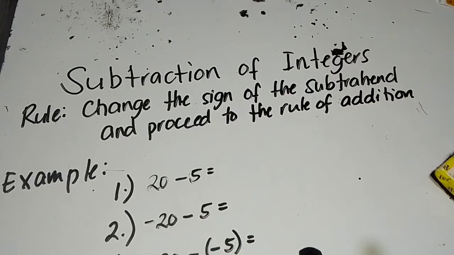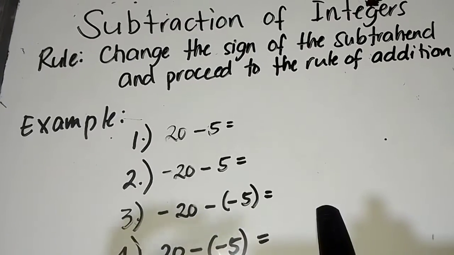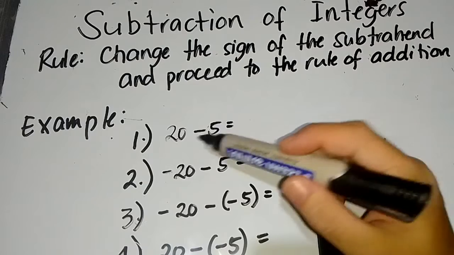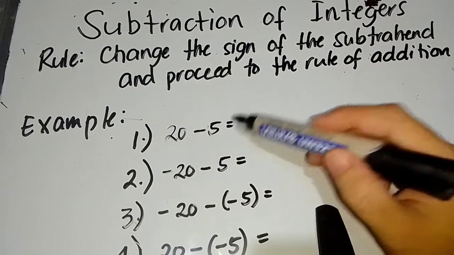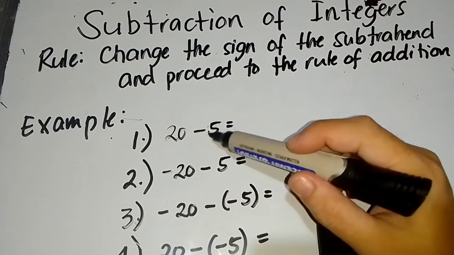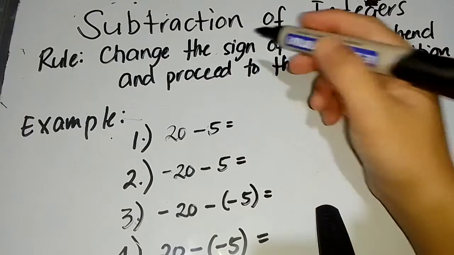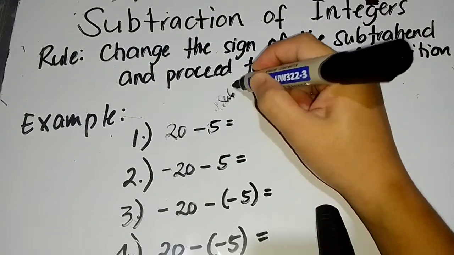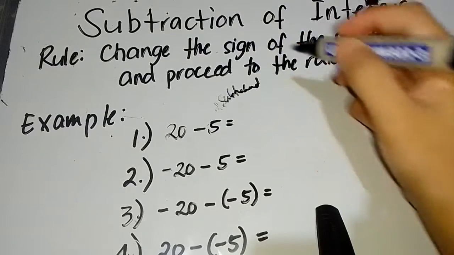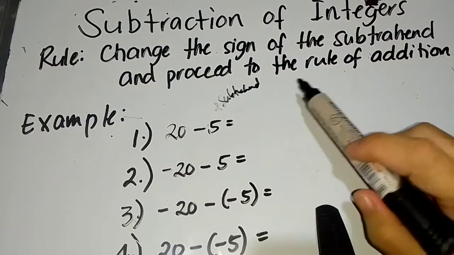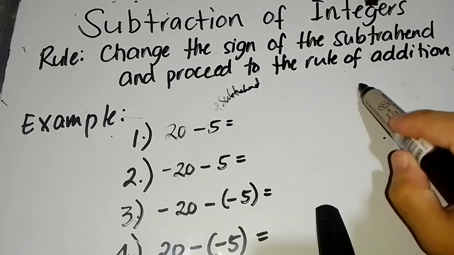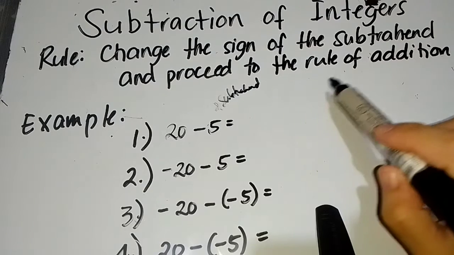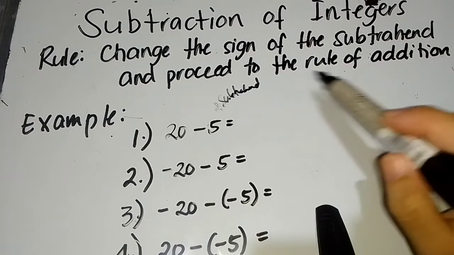We have here example number 1. We have 20 minus 5. So 5 here is our subtrahend. Change the sign of the subtrahend and proceed to the rule of addition.